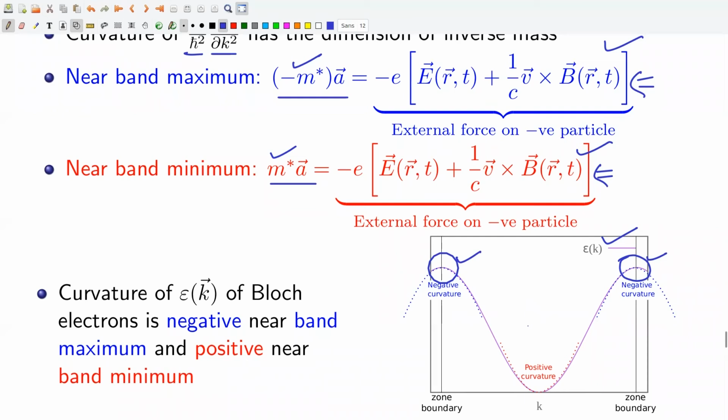This agrees very well with the equation of motion near the band maximum. On the other hand, curvature of the E(k) curve is positive near the band minimum, which corresponds to positive effective mass. This also agrees very well with the equation of motion near the band minimum.